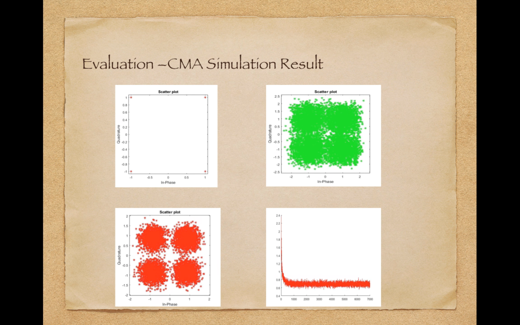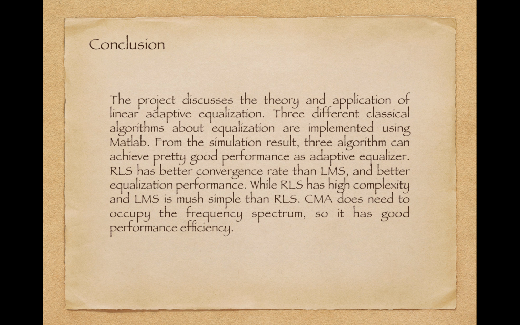And here is the conclusion. The project discusses the theory and application of linear adaptive equalization. Three different classical algorithms for equalization are implemented using MATLAB. From the simulation results, all three algorithms can achieve pretty good performance as adaptive equalizers.